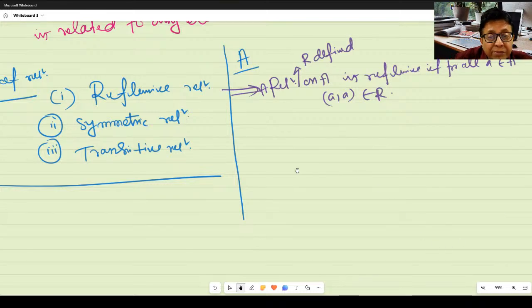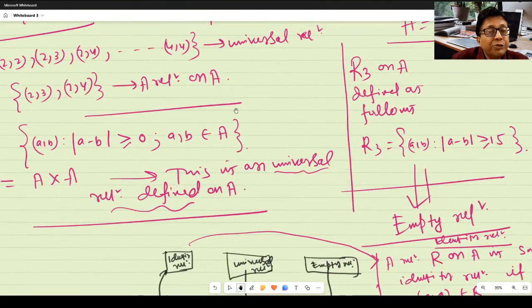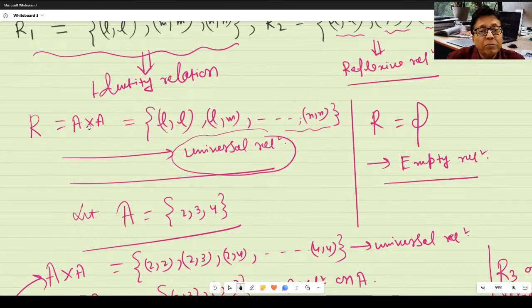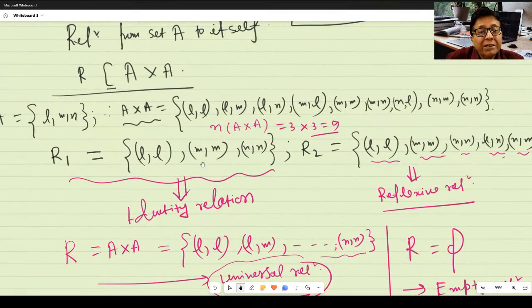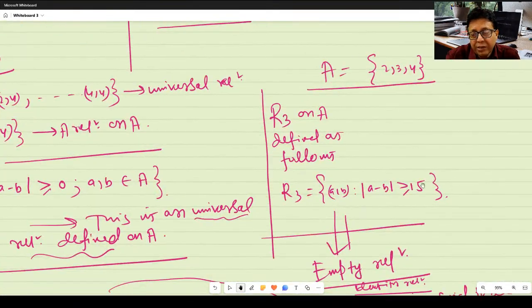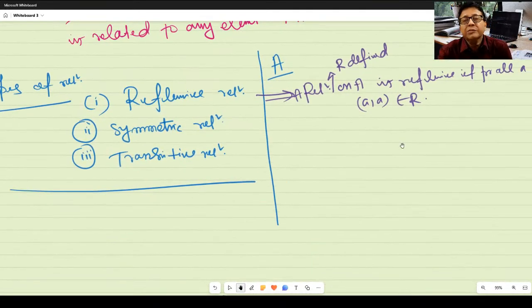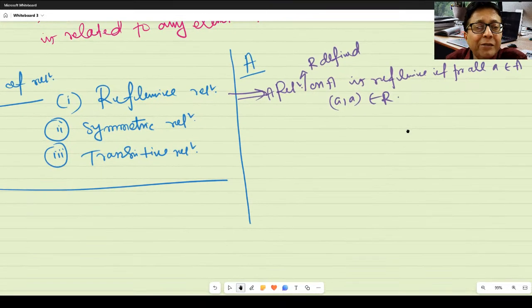Now I have to say something. Identity relation, you have seen that their elements will be of this form. What form? That LL, MM, NN. Only this type. No other element will be there. But reflexive may include this kind of elements also: LN, NM, where the first element is not equal to the second element. So relation R on A is reflexive if for all a belongs to A, (a, a) belongs to R. Let me explain with one example.